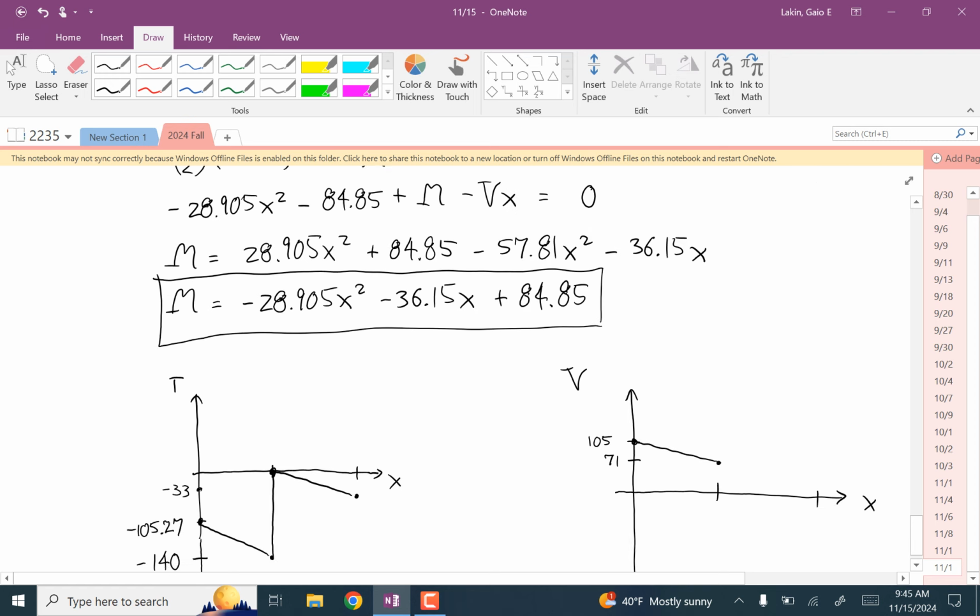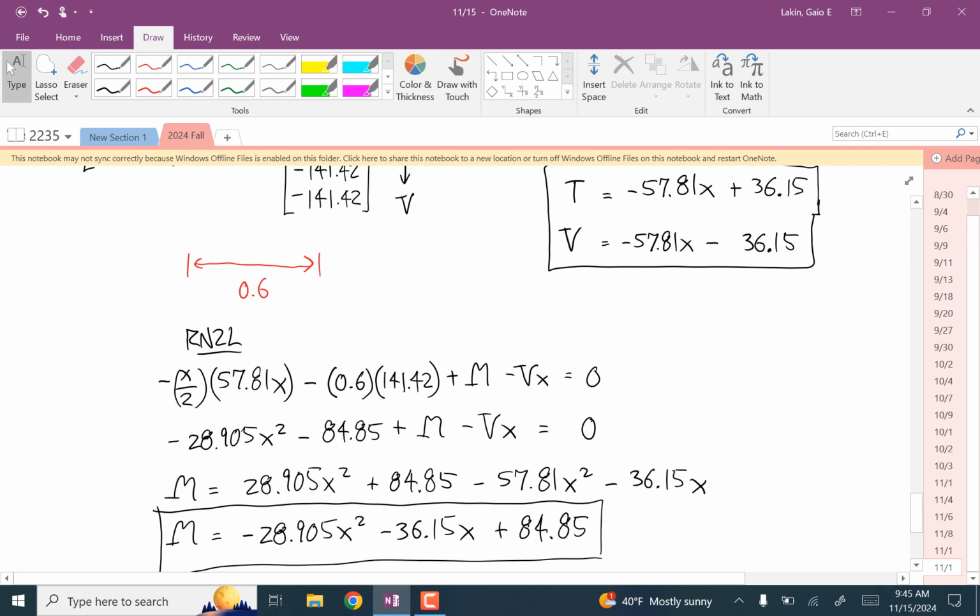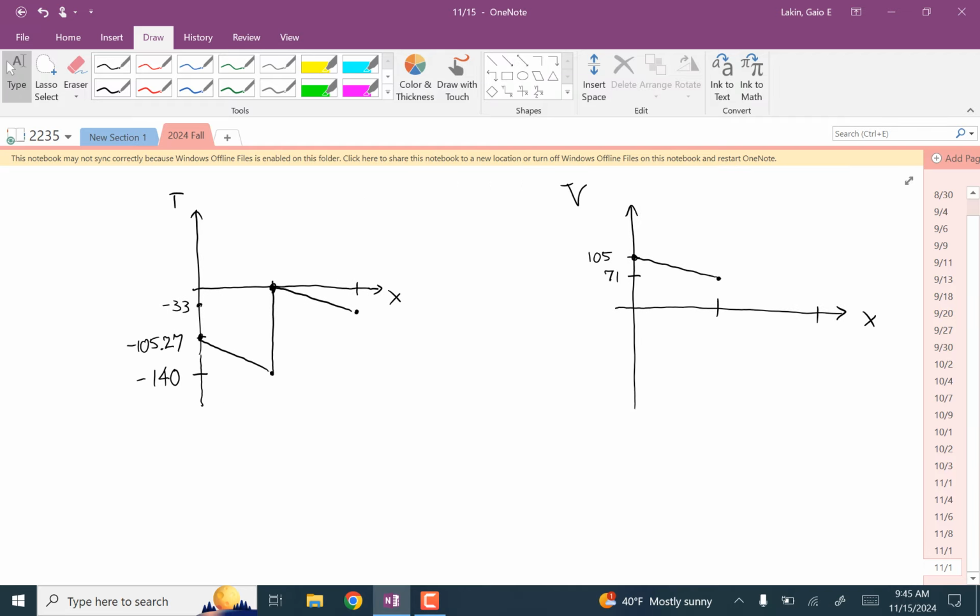And then cut 2 starts at negative 71 and goes to negative 105.